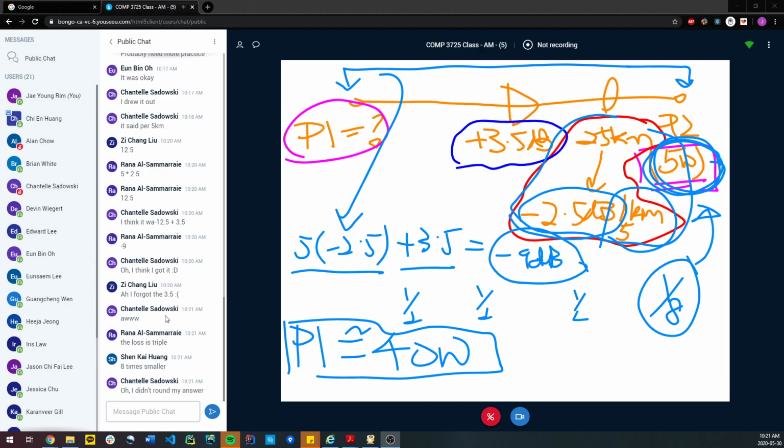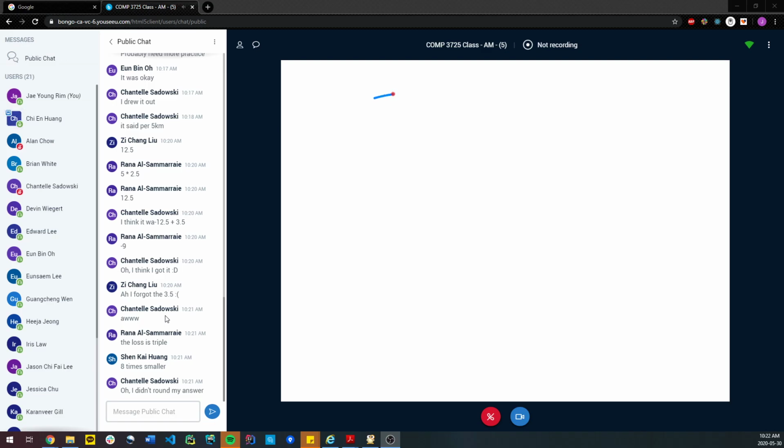Then the next thing is, if I didn't know that, how do I solve this? I know that I have a total of minus 9 dB, and I know that the power ratio is 10 log base 10 of P2 over P1. And I know P2 is 5 watts. So my goal is to solve for P1.